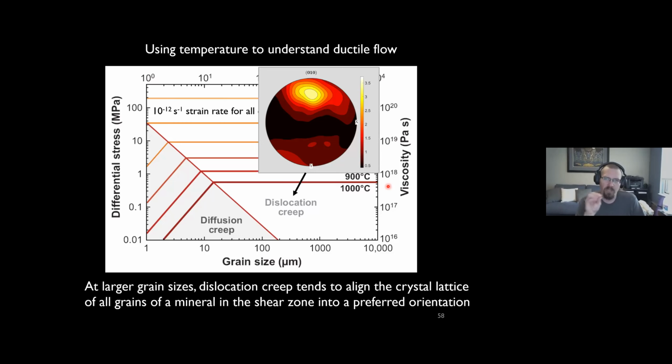Because of the way the dislocations are moving through them, they recrystallize and get really good preferential orientation depending on which slip system they're using, which depends on strain rate, the water content, and lots of things. But there's lots of lab experiments on slip systems that makes this somewhat predictable. The point is that under certain conditions, you'll get a really strong crystal alignment across the whole shear zone from this deformation.